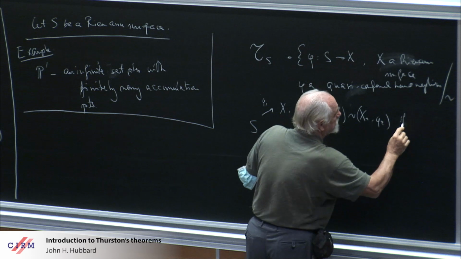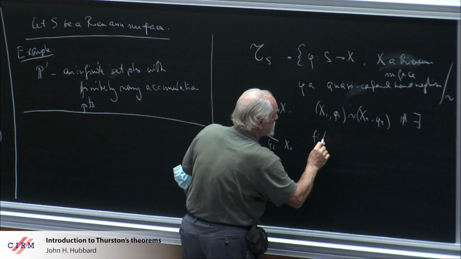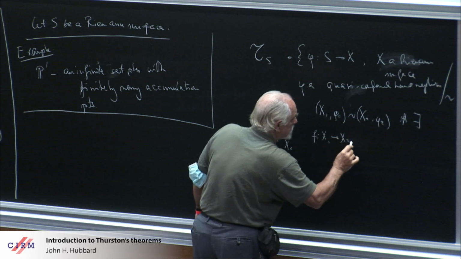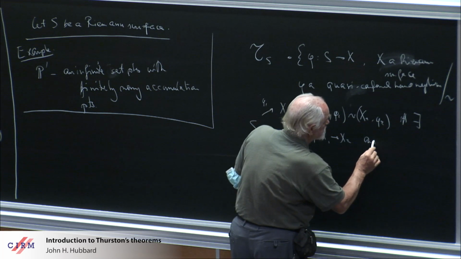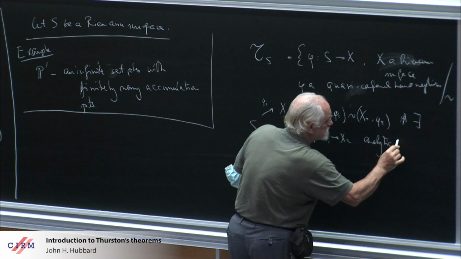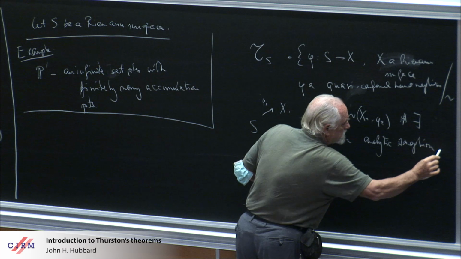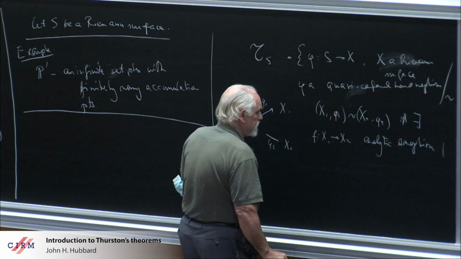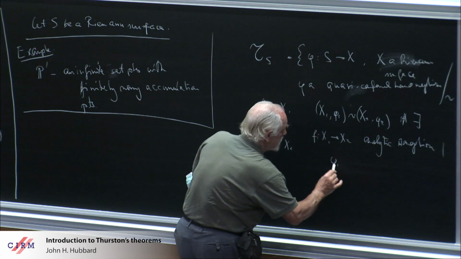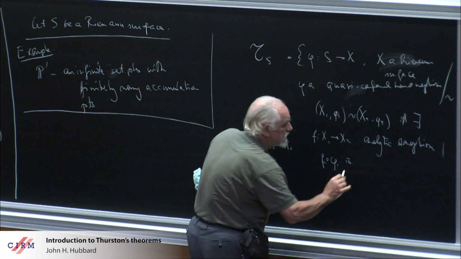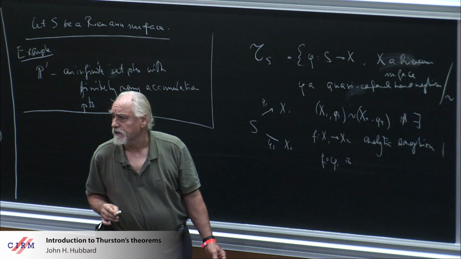if and only if there exists f from X1 to X2, an analytic isomorphism, such that first phi 1 and then f is, and now there's a hesitation as to whether one wants to write isotopic or homotopic.